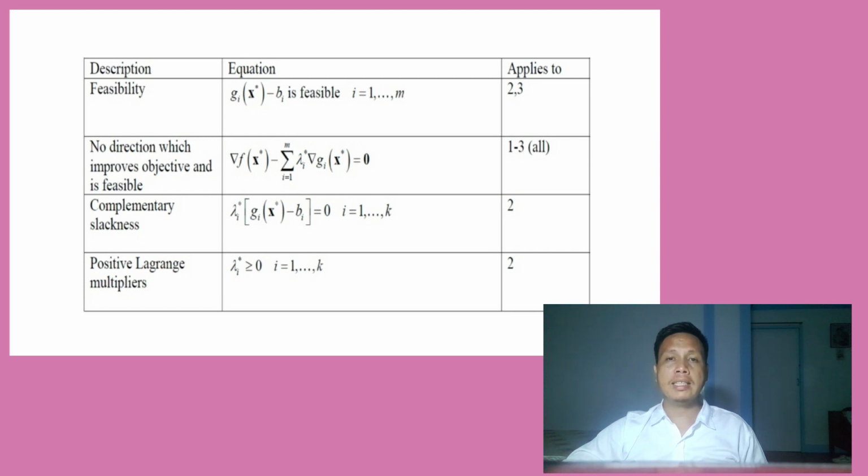Then complementary slackness, lambda i times g sub i of x minus b sub i equal to 0. And positive Lagrange multiplier, lambda i greater than or equal to 0, i is equal to 1 up to k. So in order to minimize or maximize this equation, these conditions should be followed.